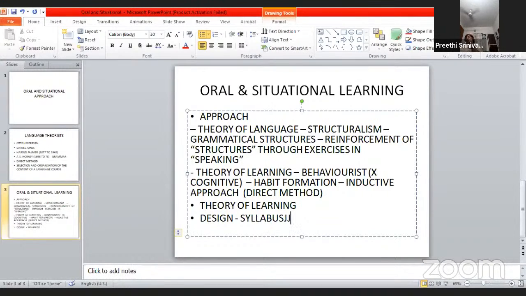Another word for vocabulary and grammar is lexis and syntax. So you can use the term lexis, which means vocabulary, and then grammar.